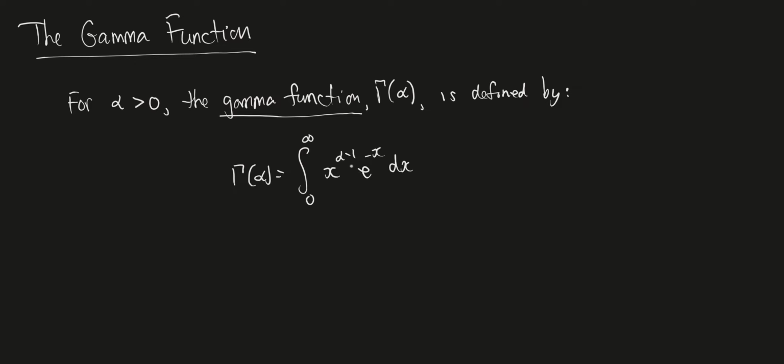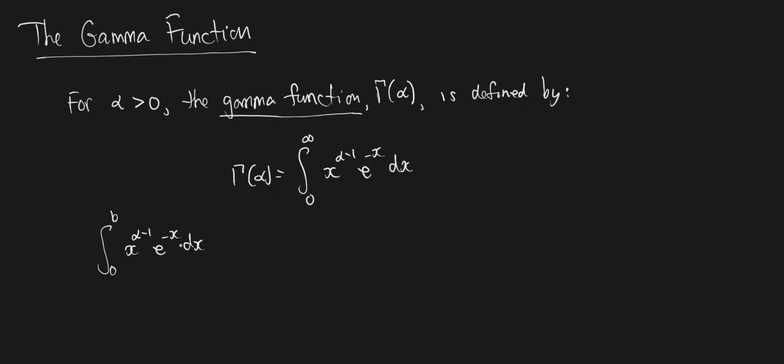Since this is an improper integral, let's consider this integral from 0 to b, and then at the end we'll take the limit to see what happens. So we integrate from 0 to b, and the function is the same, x to the alpha minus 1 e to the negative x dx.